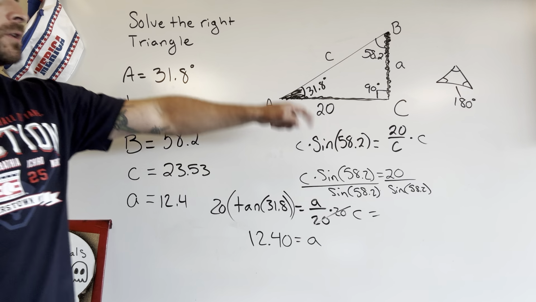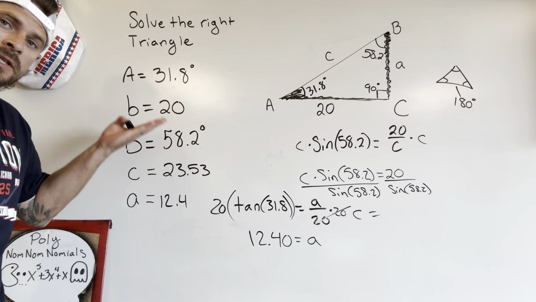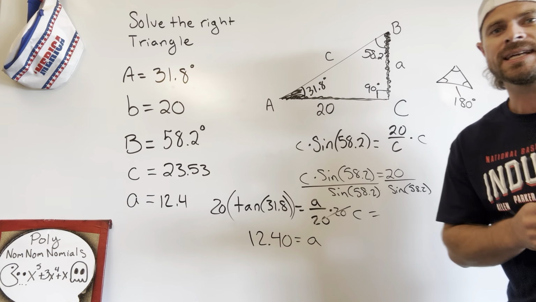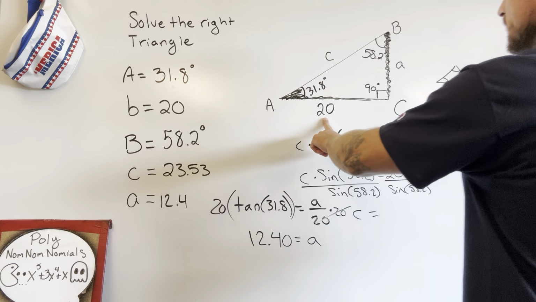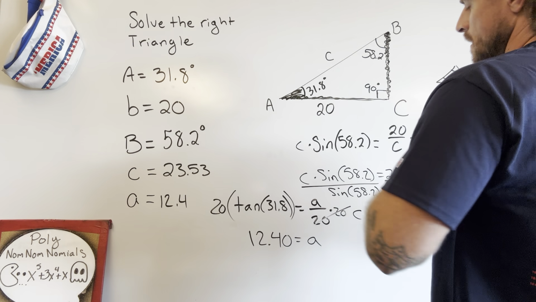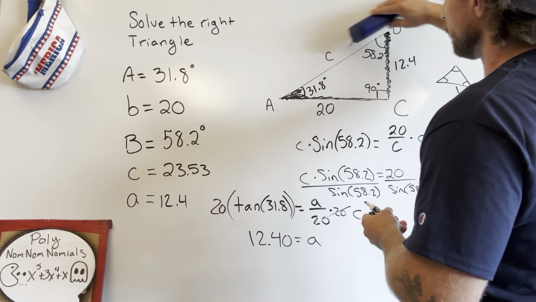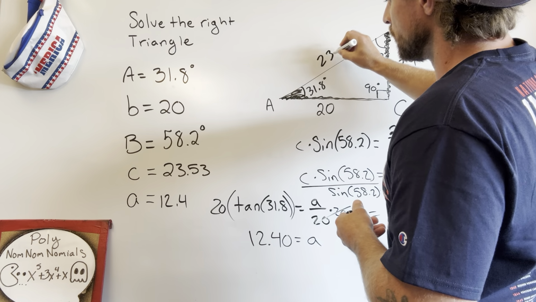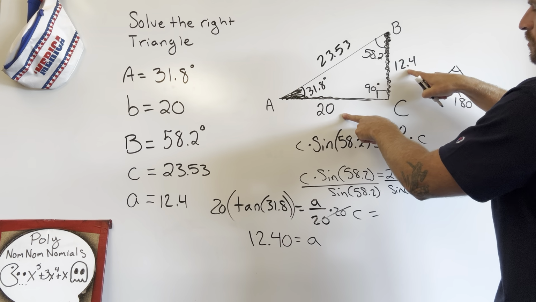We can go up here and look at our example, and if this is drawn to scale, we can use these numbers to determine if we like the answers we got, just to make sure nothing stands out as being incorrect or false. But I'm looking at it right now, I'm seeing 20, A is 12.4, C is 23.53, which is the largest side in our triangle, which is a must because we all know that the hypotenuse has to be longer than the other two sides.